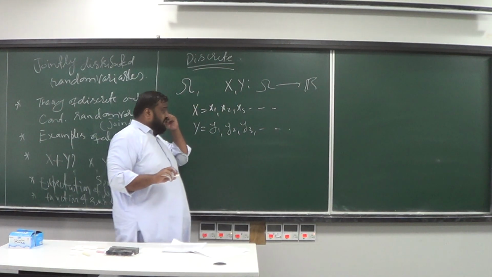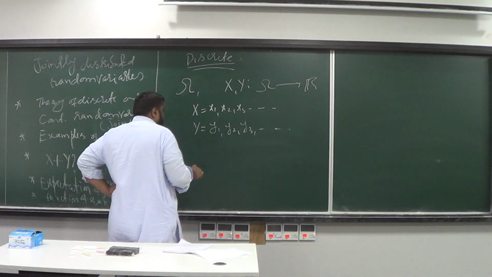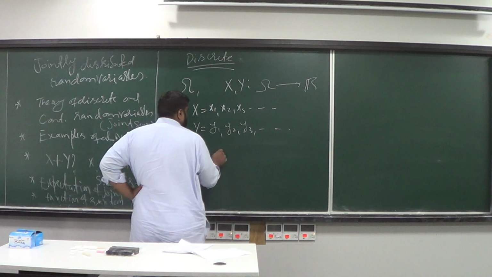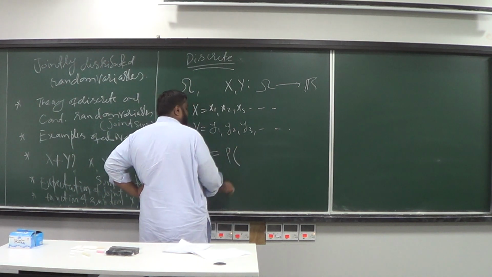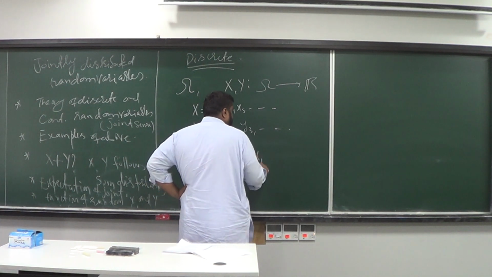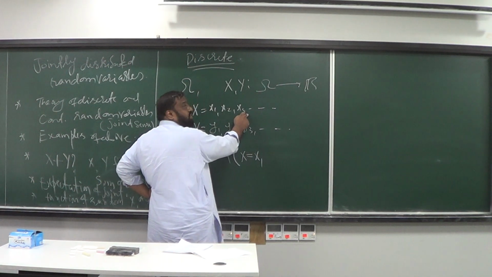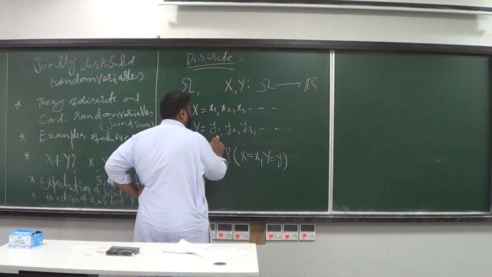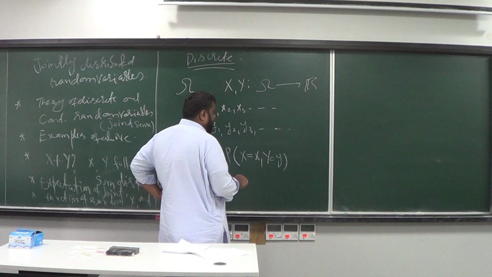Then the event: what is the probability that X will take value x, where x can be any one of these quantities, and Y can take value y, where y can be any one of these quantities.